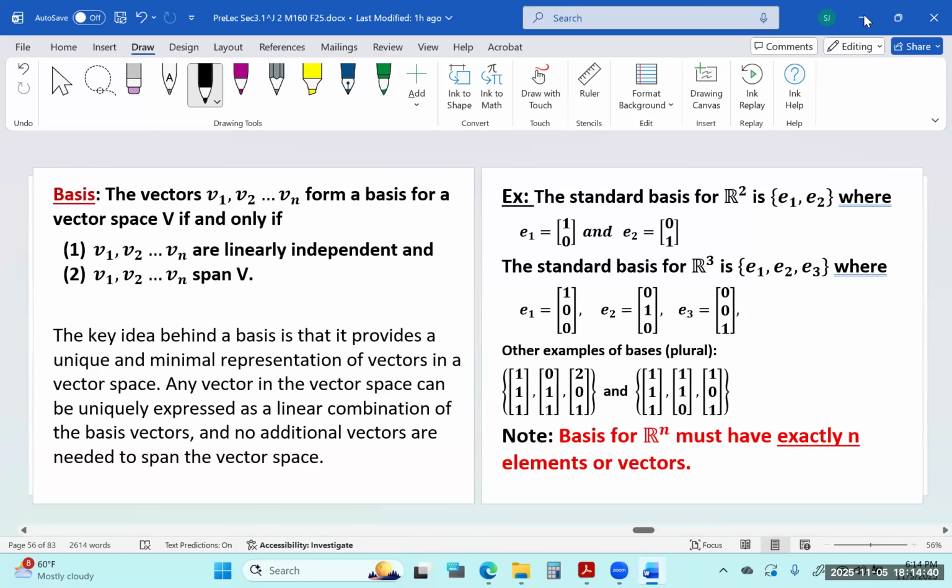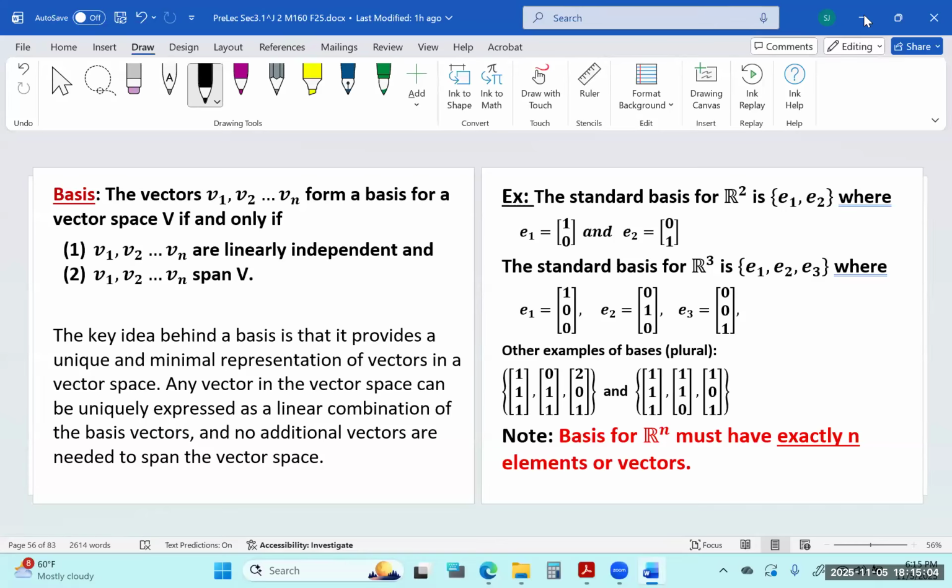So R2 has two standard bases. The standard bases we represent using the notation E. E1 for R2 is 1, 0. E2 for R2 is 0, 1. So basically this is the X value, this is the Y value in the XY plane.